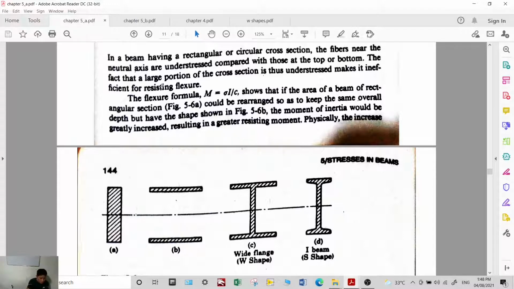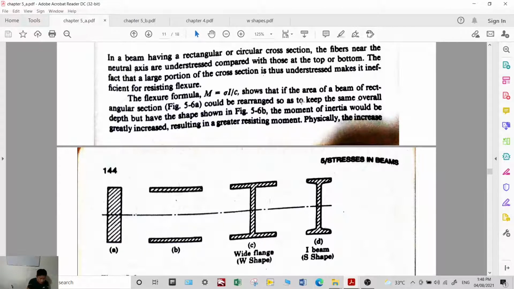So the large portion of the cross-section is under little stress, making it inefficient for resisting flexure. The beam becomes heavy and expensive, since a lot of material is used.